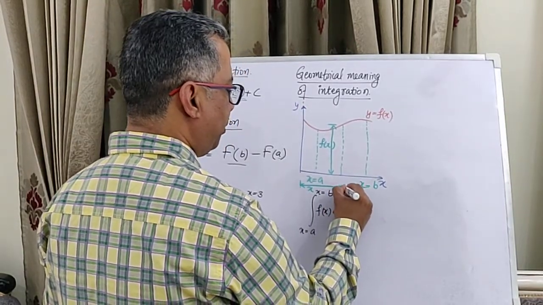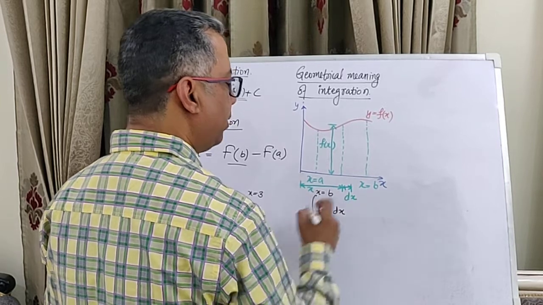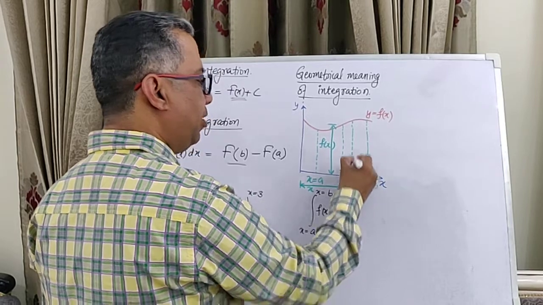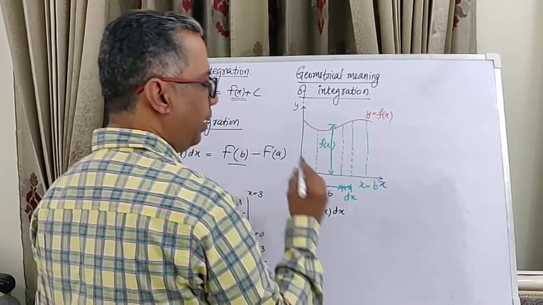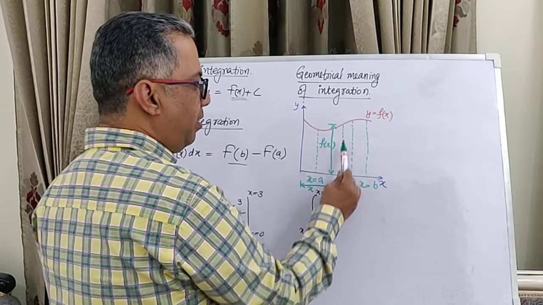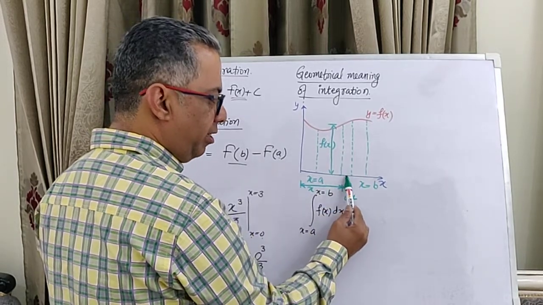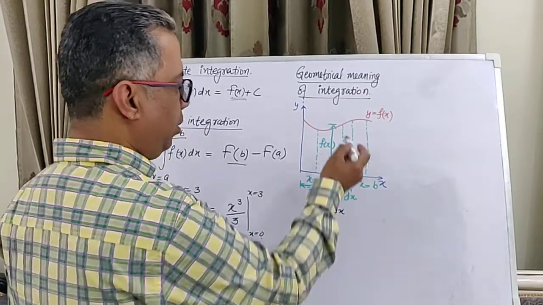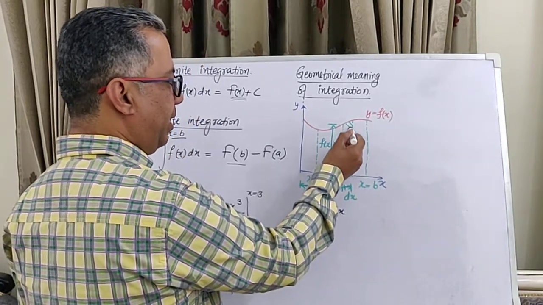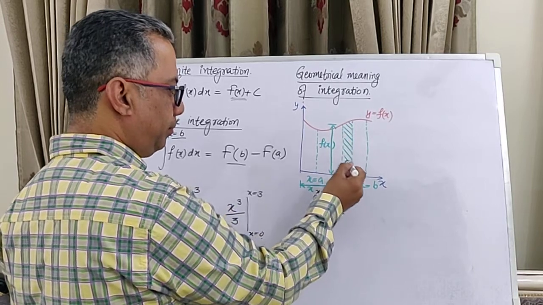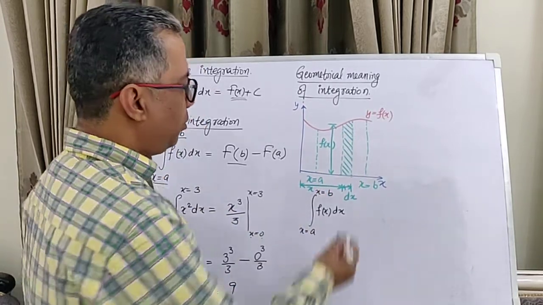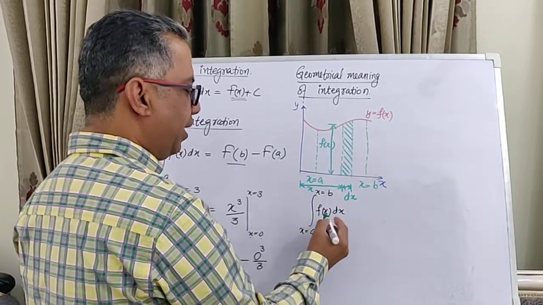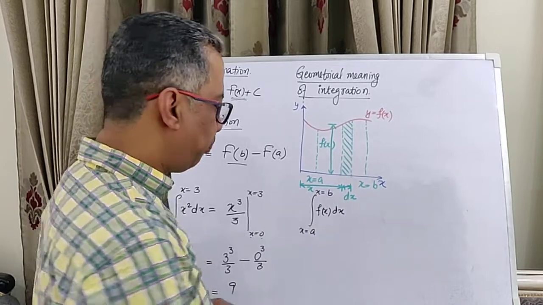So this is your change in x, dx. And this is the new value of fx. So this height here is fx, and this width here is dx. When you multiply fx with dx, you get the area of this strip here. So I've drawn this strip. The area of this strip is fx times dx.